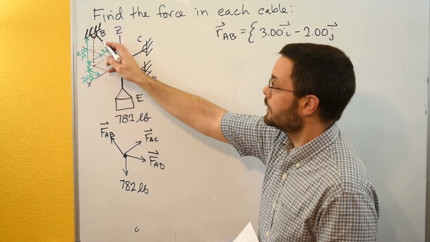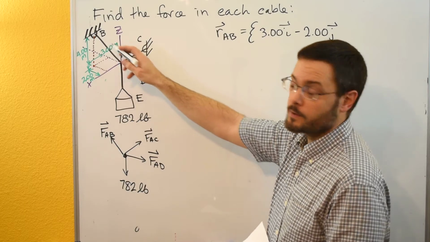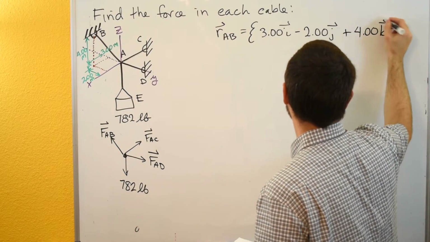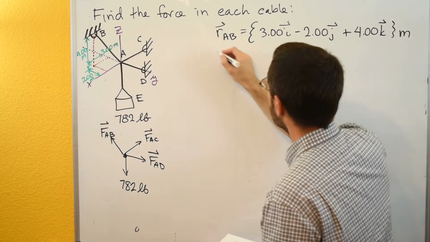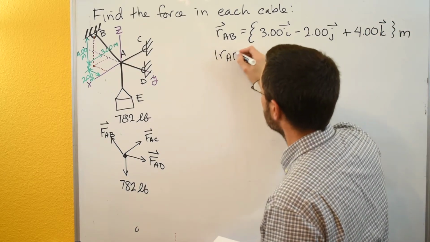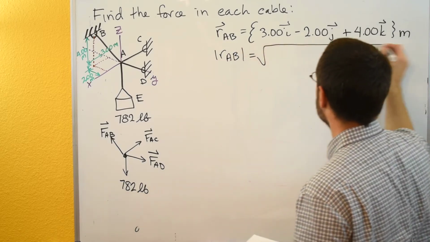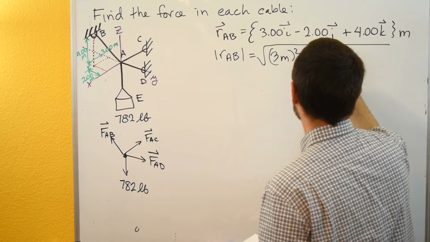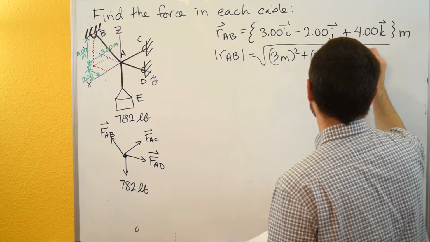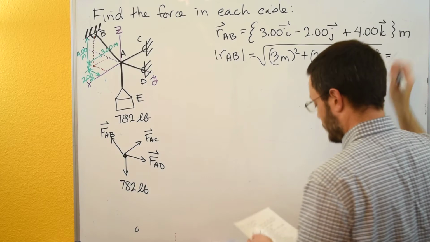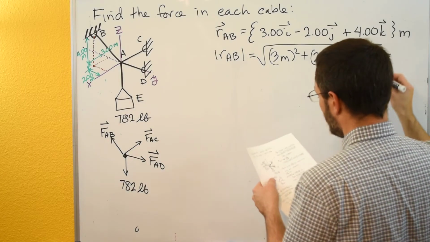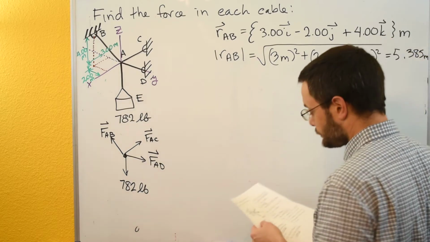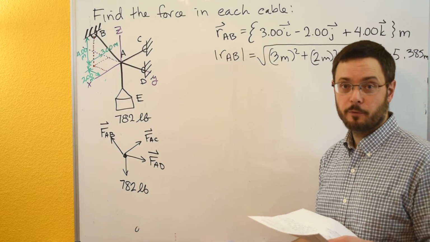And then we're going up 4 meters, so it's going to be a positive 4k. And we can get the magnitude of RAB. And this gives us 5.385 meters.